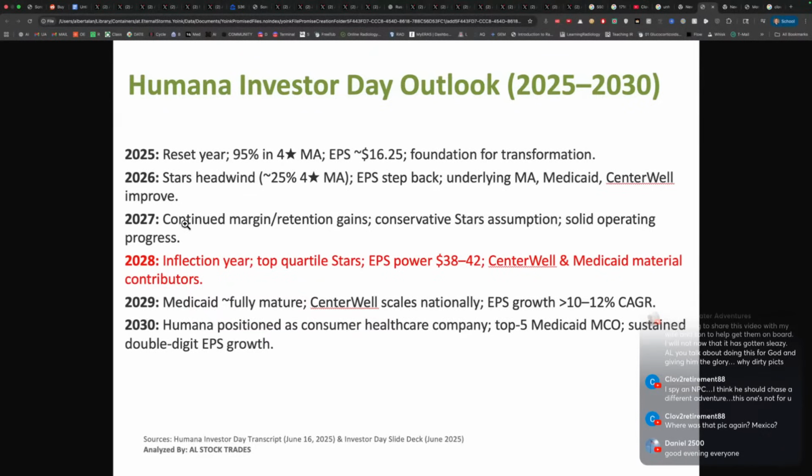In 2027, they're going to still have conservative star assumptions. Solid operating progress, but still tough. 2028 is when they're going to have their inflection year. They're going to have top quartile stars. Earnings per share is going to be $38 to $42.